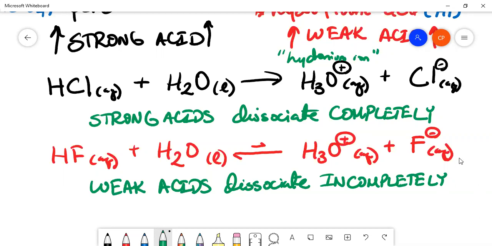But because it's generating ions in such substantial quantities, we do consider a strong acid solution a strong electrolyte. Something that generates a lot of positive and negative ions in solution. Okay? And we consider weak acids to be weak electrolytes.